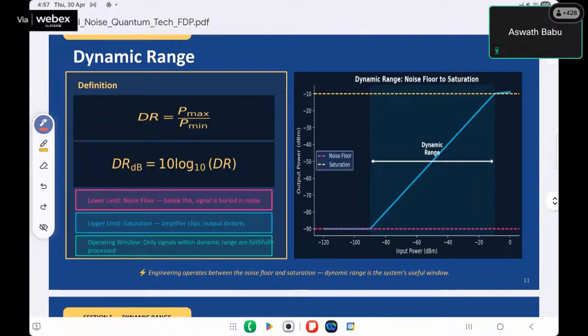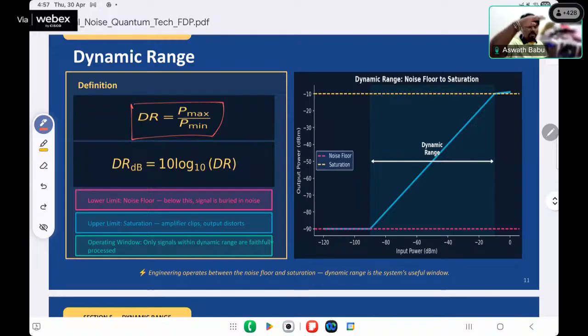It can reach some maximum value, it can reach some minimum value. There is a desired range. I should not have too low a power going through the circuit, nor too high. So there should be a power max and a power min, certain desired values. That is the quantifying factor called dynamic range.